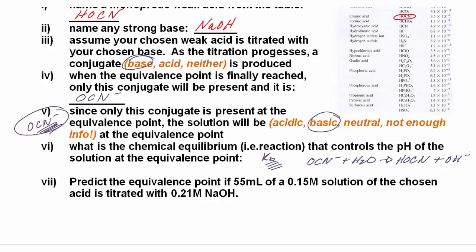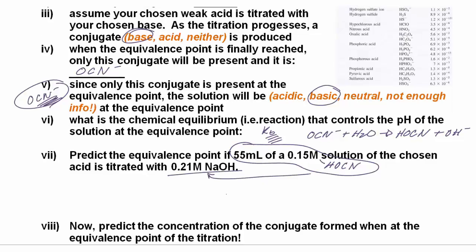Predict the equivalence point if 55 mL of a 0.15 molar solution of the chosen acid is titrated with 0.21 molar sodium hydroxide. So our chosen acid was HOCN, cyanic acid. So we're titrating 55 mL of 0.15 molar HOCN with NaOH. What would the equivalence point be?